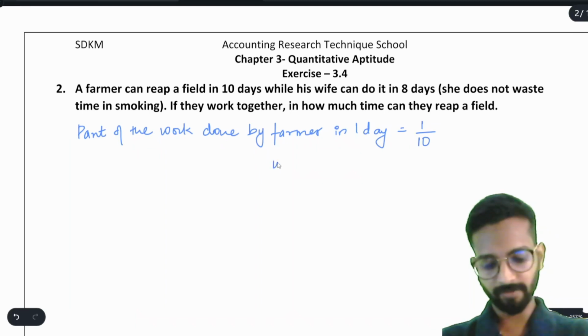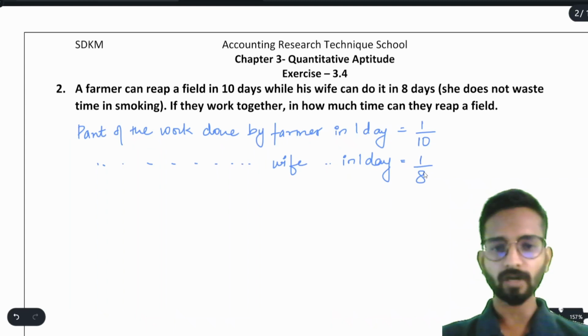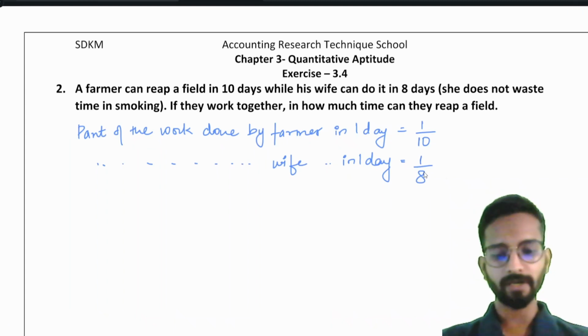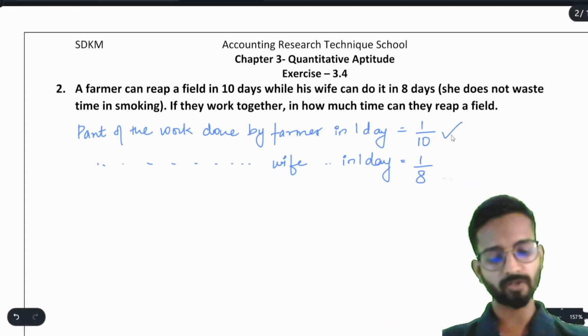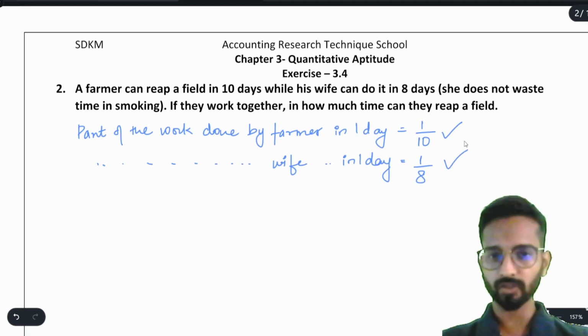Done by wife in one day is equal to 1 by 8. So in one day farmer completes 1 by 10th of the job, wife completes 1 by 8th of the job.